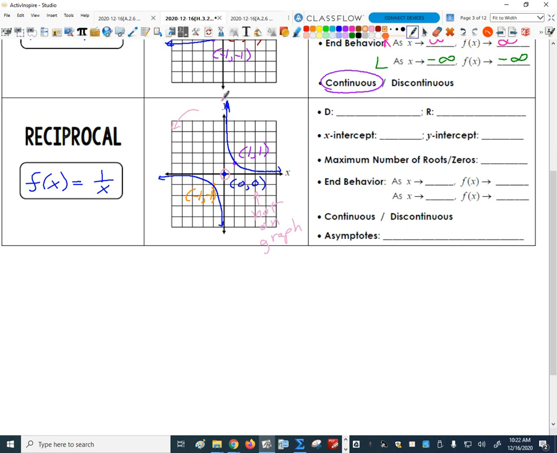There we go. So there's a vertical asymptote. And it's just the line x equals 0.